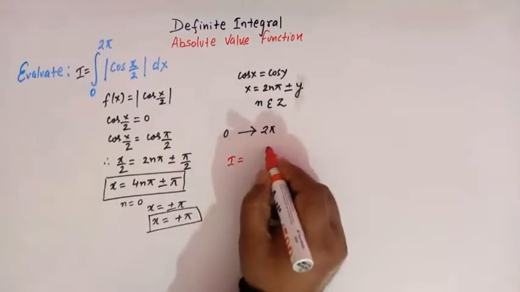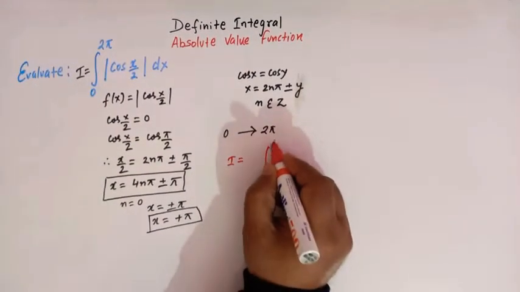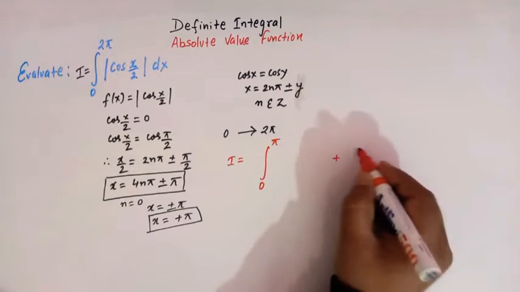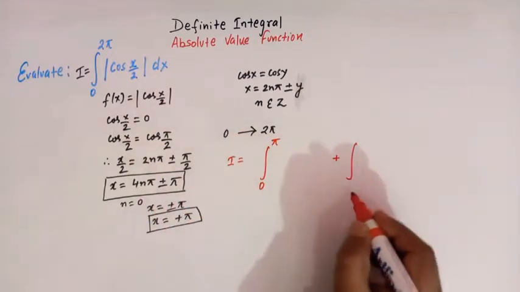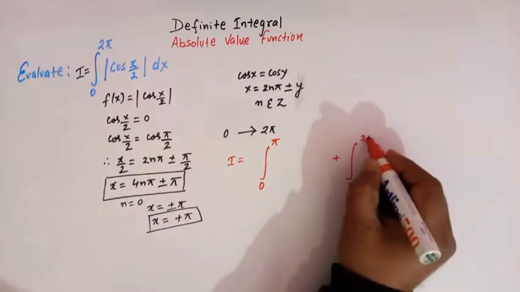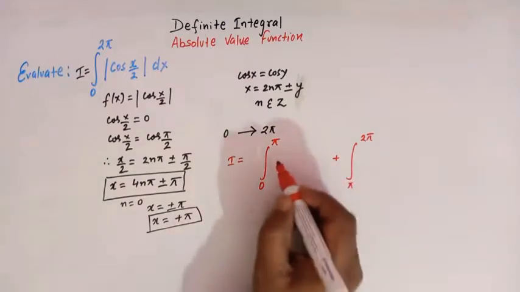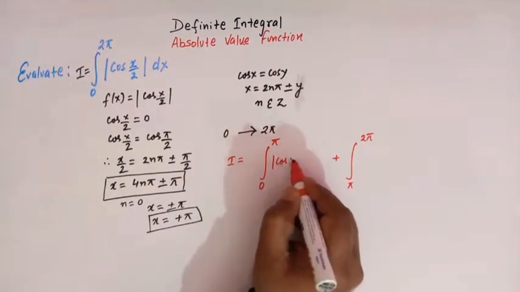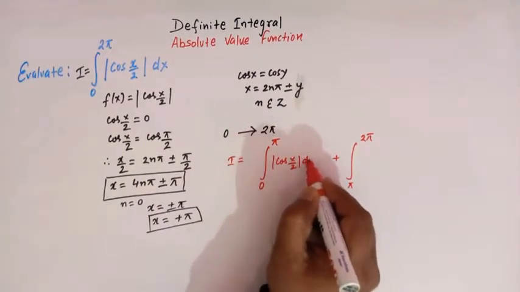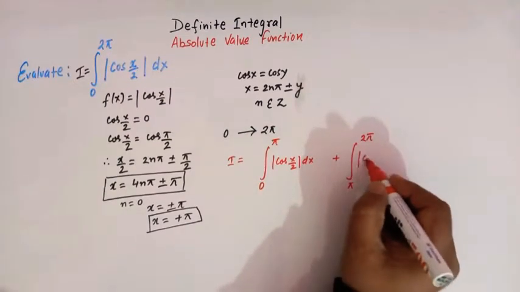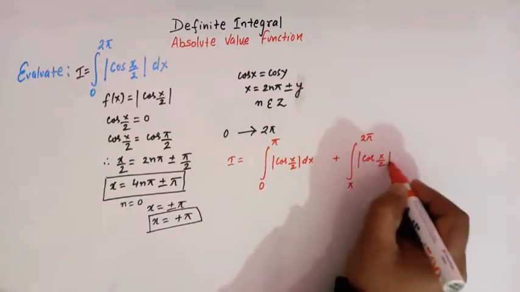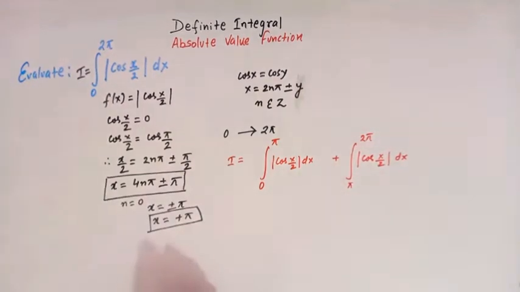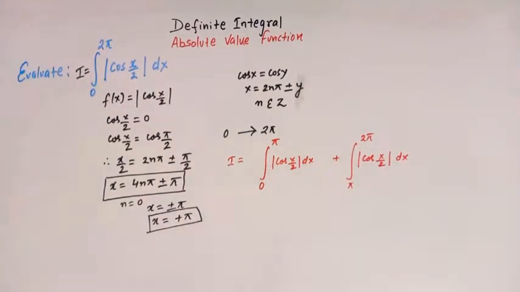First is from 0 to pi, and the other one is from pi to 2 pi, with mod of cos x over 2 dx in each.